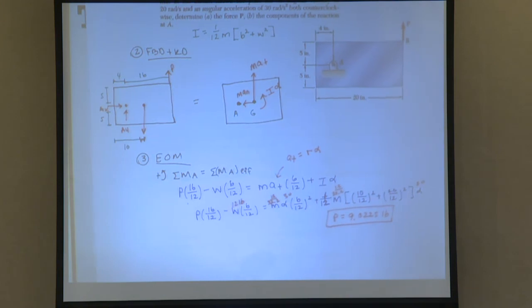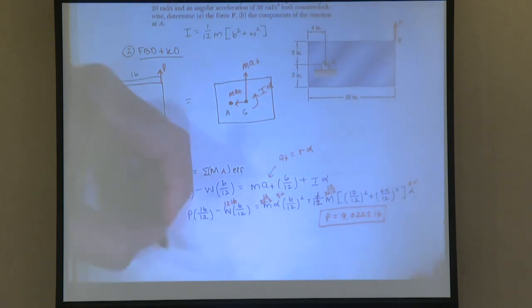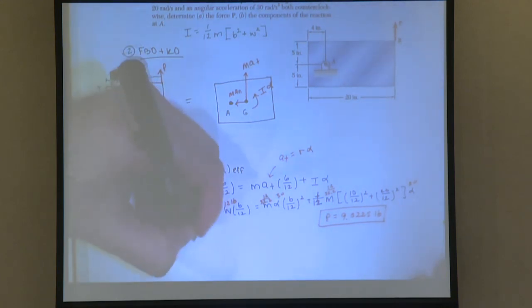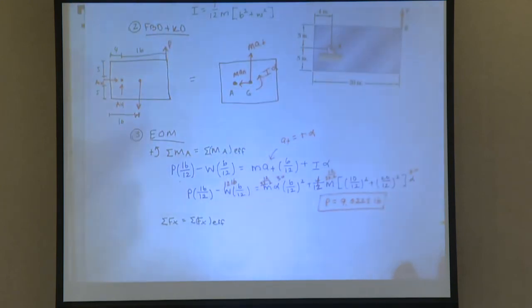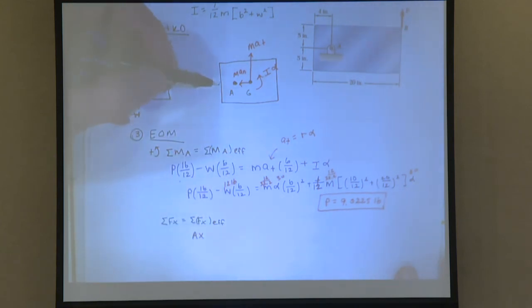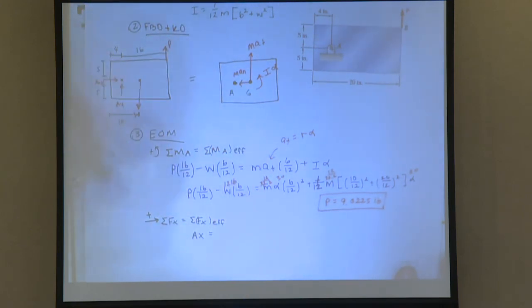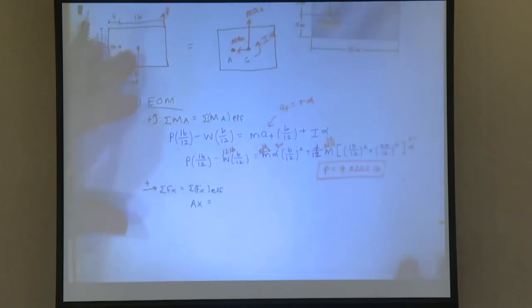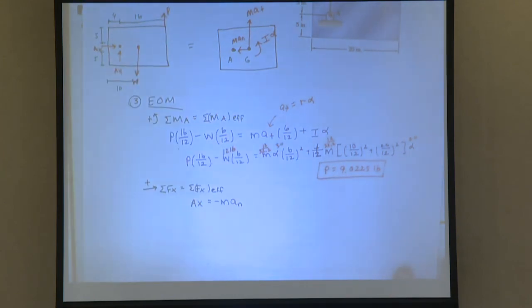Everyone okay? Then what we do next is our sum of forces in X equals sum of forces in X effective. If I look at my free body diagram, I have A_X. If I look at my kinetic diagram, I have M A_N. If I say that to the right is positive, then this is going to equal negative M A_N. We know that A_N is equal to R omega squared.